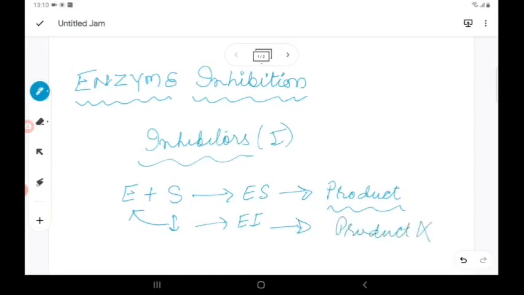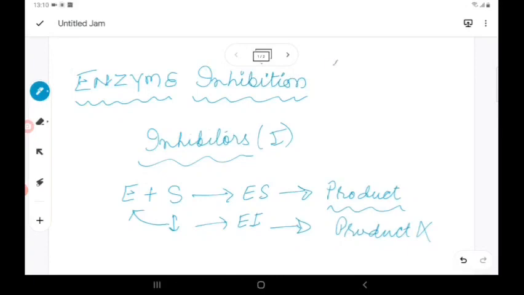So this is enzyme inhibition: components resembling the substrate in structure bind with the enzyme, and the enzyme substrate complex is not able to form. Instead, an enzyme inhibitor complex is formed and the product will not be formed.